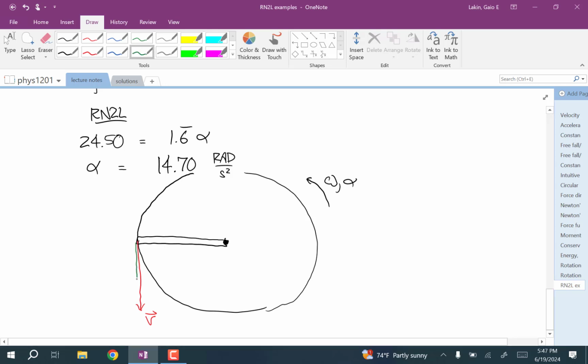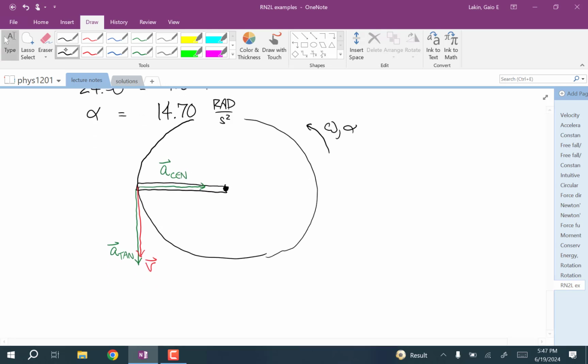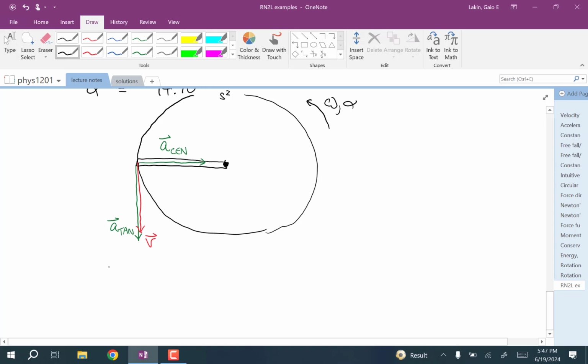And the tangential acceleration is in the same direction. And then the centripetal acceleration is always towards the center. And now we just have to calculate the two parts of that acceleration.